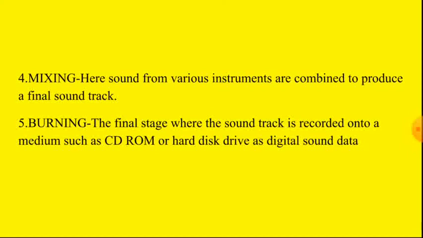Next is mixing. Here sound from various instruments are combined to produce a final soundtrack. Burning. The final stage where the soundtrack is recorded onto a medium such as CD-ROM or hard disk drive as digital sound data. These are the steps involved in digital sound.